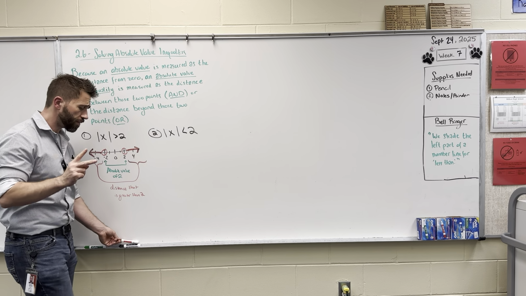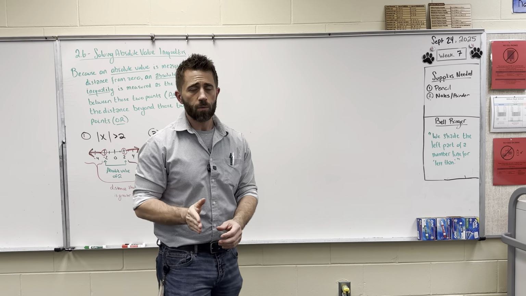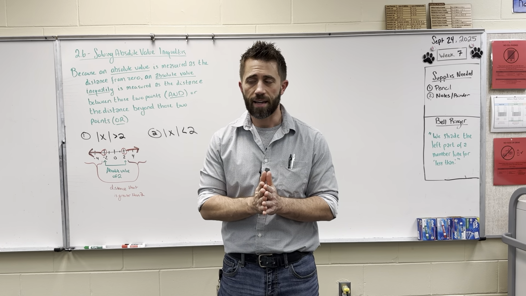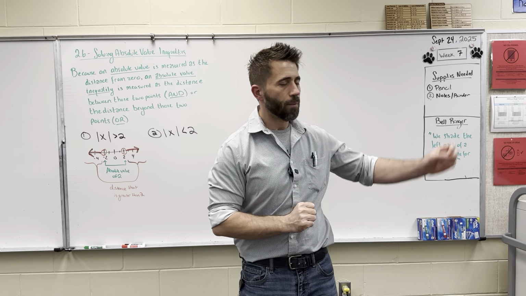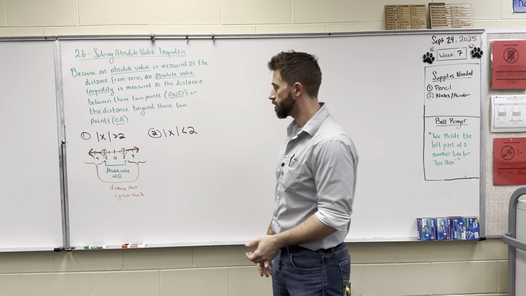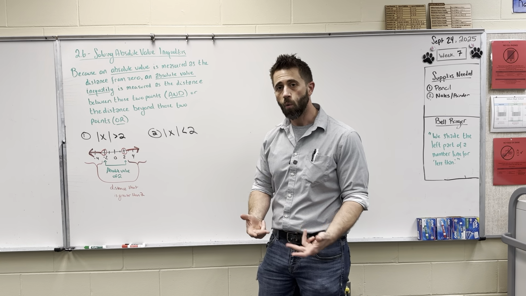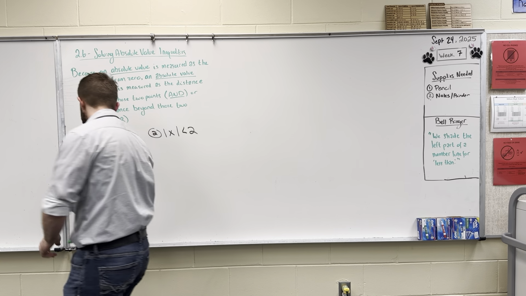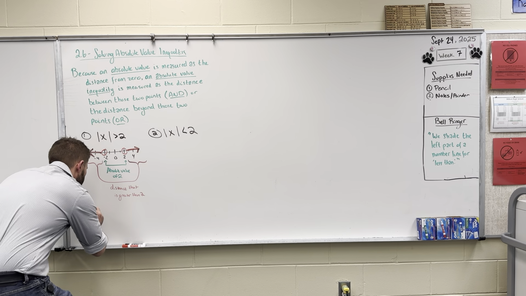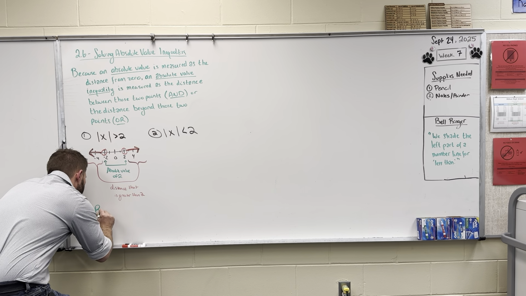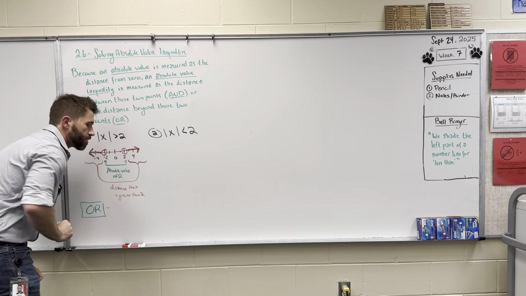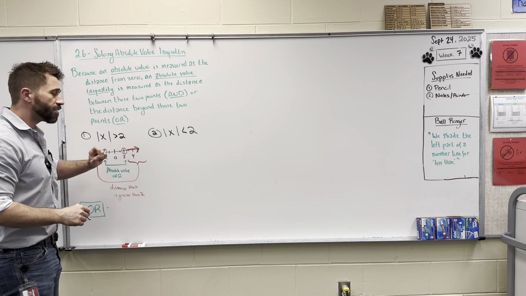And you can see we have 2 different distances. If I want you to move at least 2 feet away from where you're currently standing, you can go that way, or you can go that way. So you've got 2 different parts of this graph, which is going to represent an OR function. We covered those yesterday. An OR function is when the absolute value is greater than.